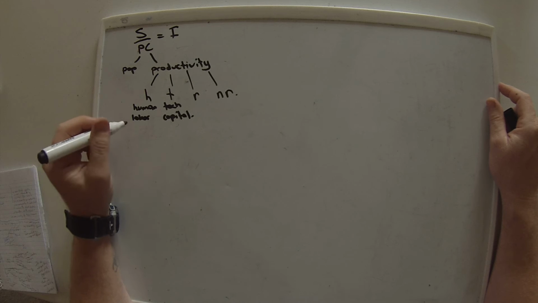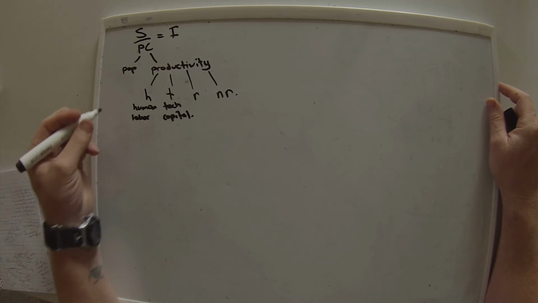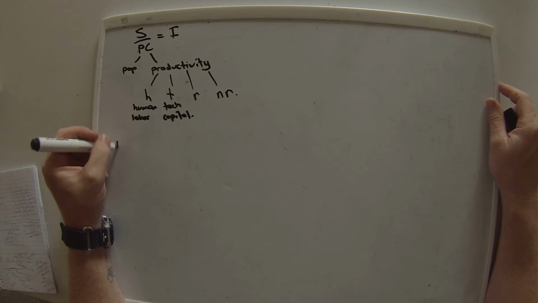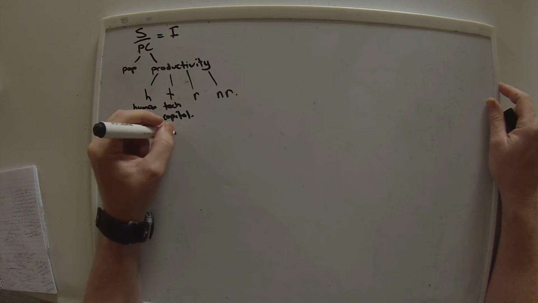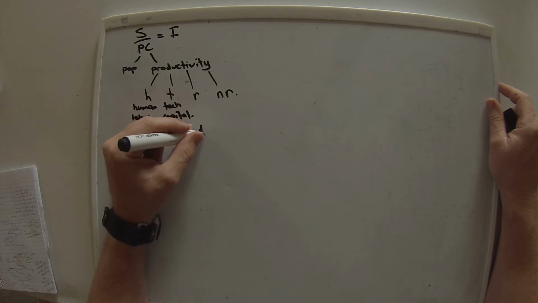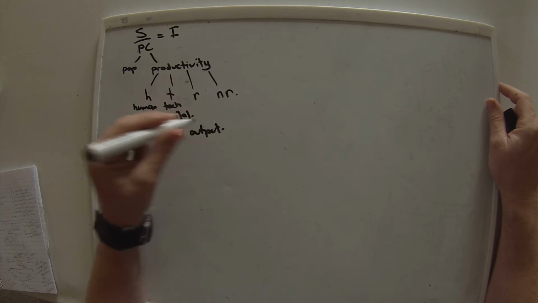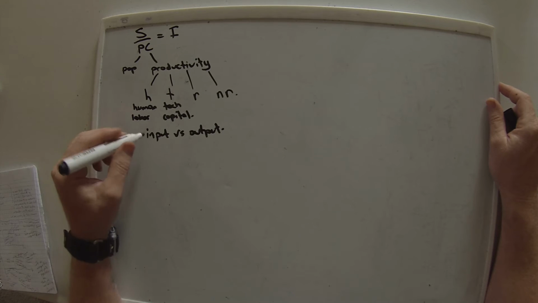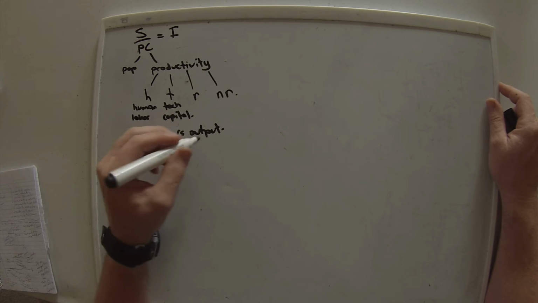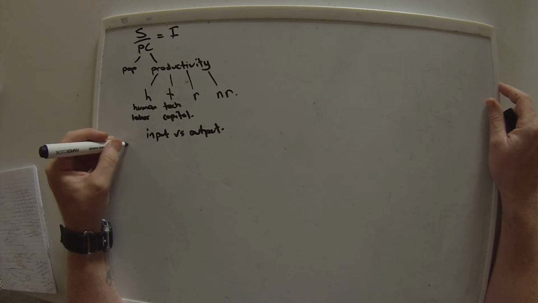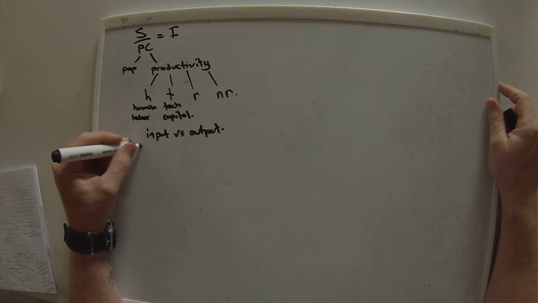However, I want to stress that when I talk about productivity, I'm talking about an input versus an output. In economics, they especially measure the output in dollars, which I think is a really flawed way of doing things.